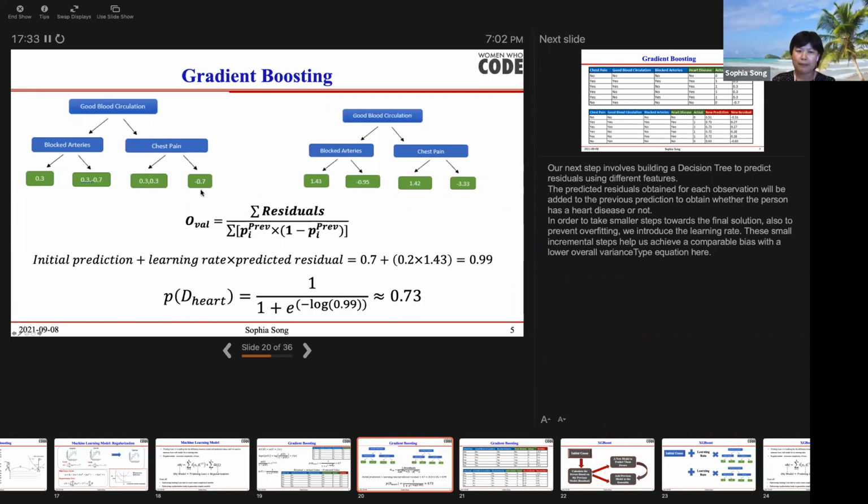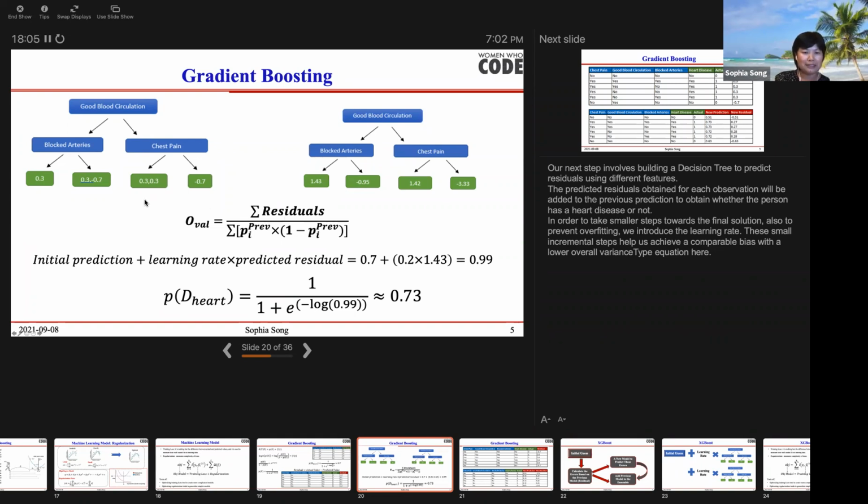So how do we get the output? We cannot directly use all these residuals from the previous initial guess. How can we make the residual smaller? Here we introduce this formula. We sum the residuals together for each leaf node, then divide by the previous probability 0.7 times 1 minus 0.7.